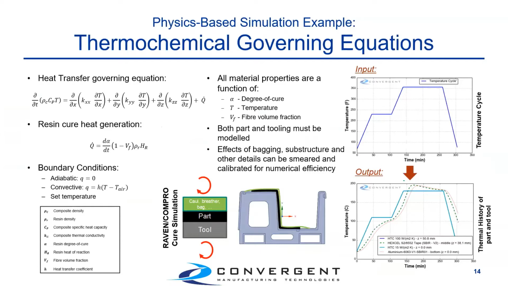As you go from a Raven 1D representation into a 3D COMPRO representation, you bring in more details in terms of the geometry of the part and also in terms of the boundary conditions, the shapes, and all of those details that might matter. We'll discuss when you would use a 1D simulation or 2D versus the 3D. What are the features in your model that make you go from a 1D to a full 3D?